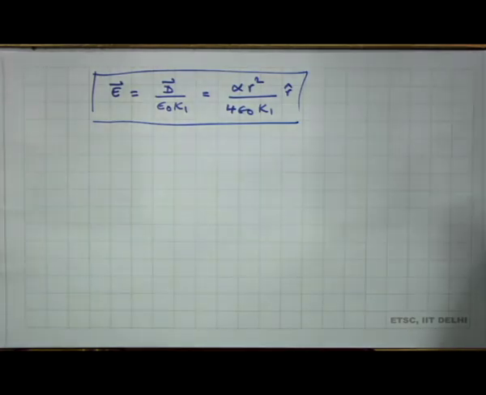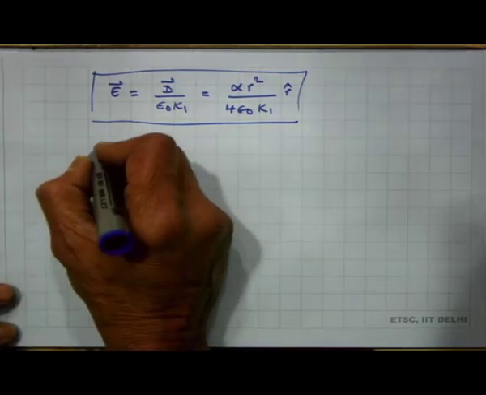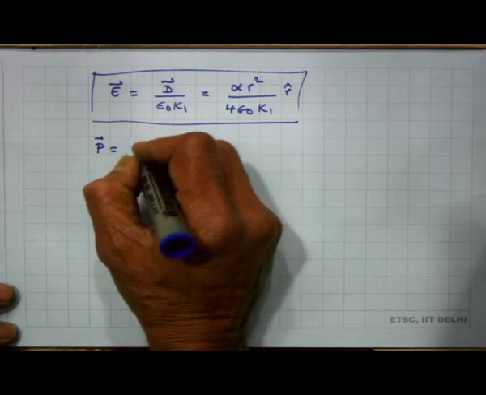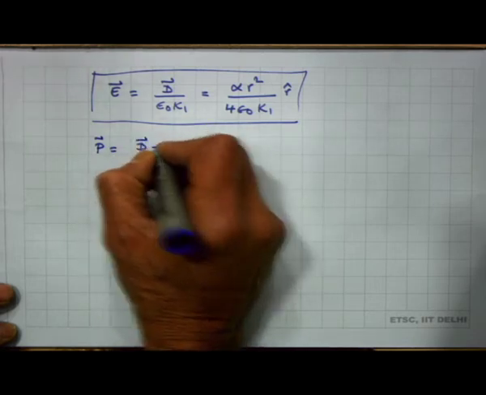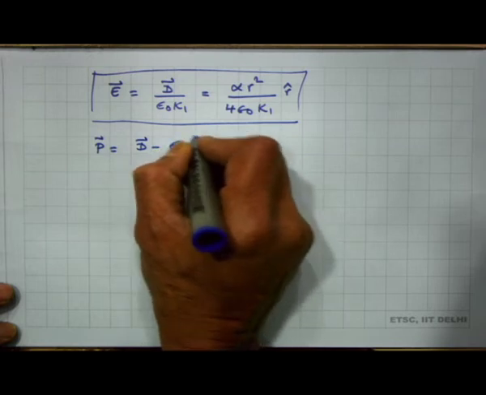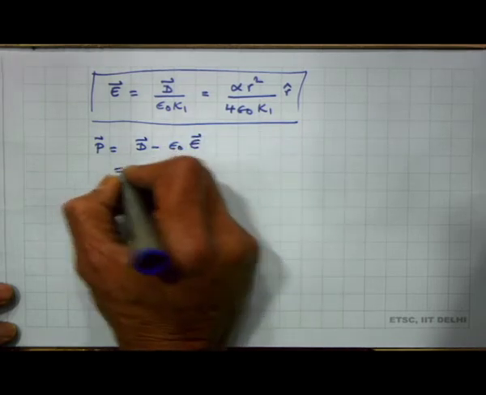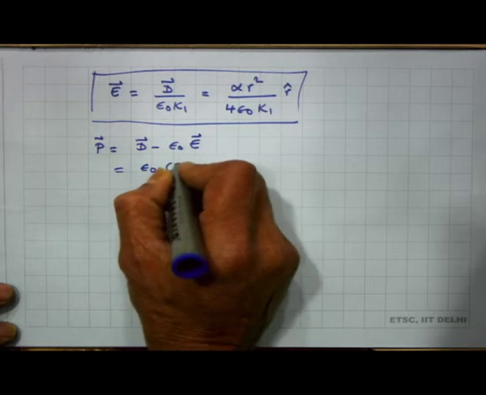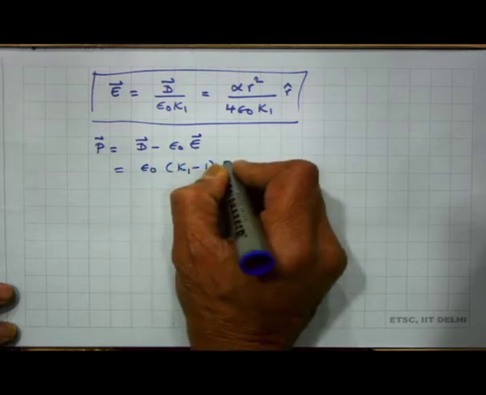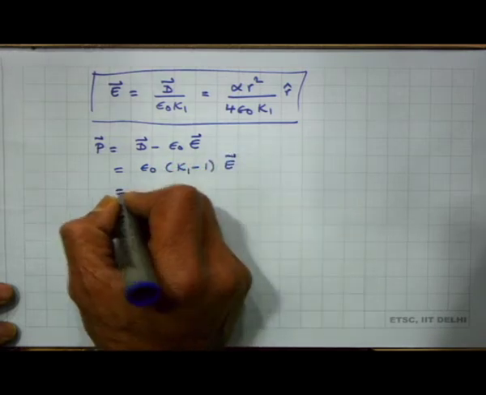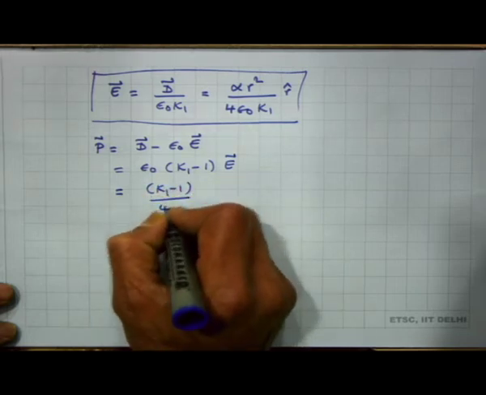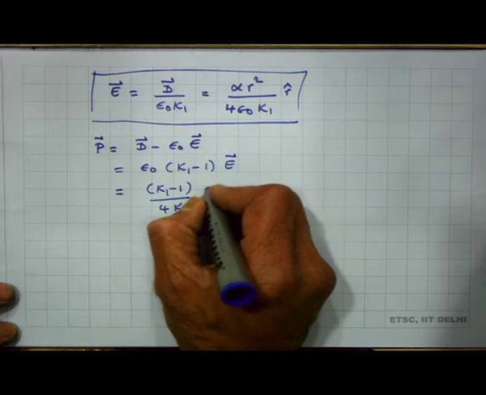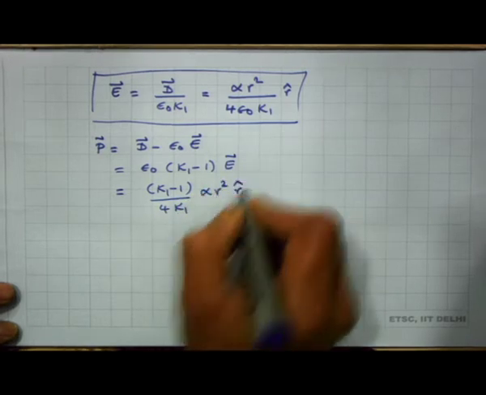and in fact you can calculate the polarization also. P is equal to D minus epsilon_0 E, which is equal to epsilon_0 into (k_1 minus 1) into E, which is equal to (k_1 minus 1) divided by 4 k_1 times alpha r squared r cap.